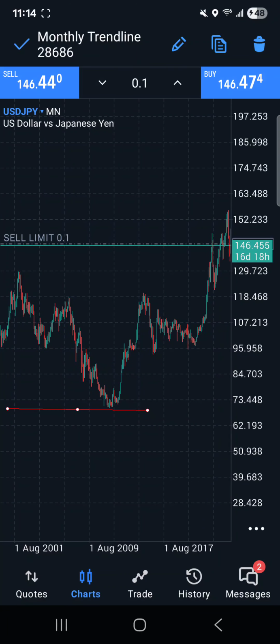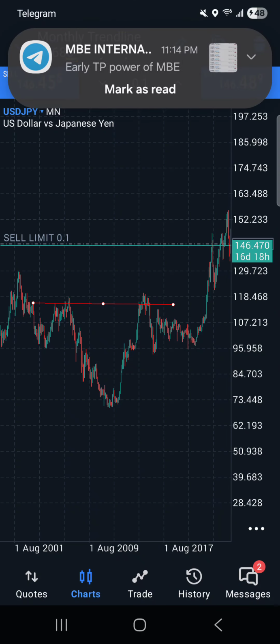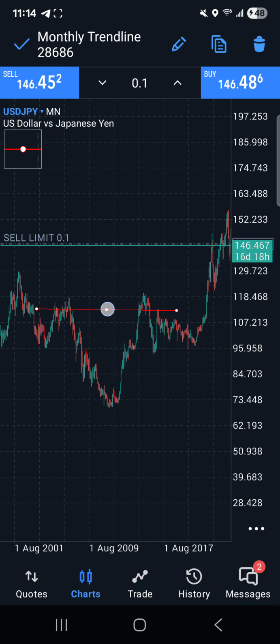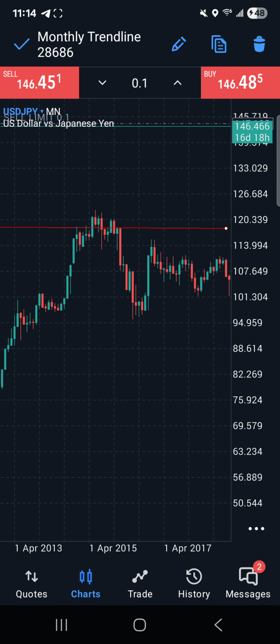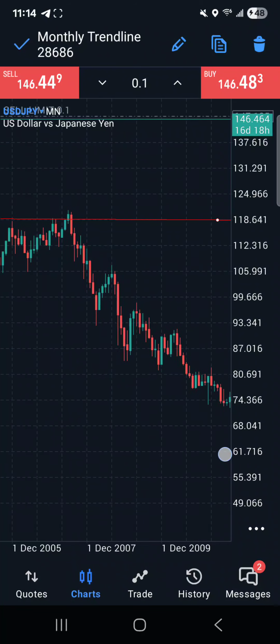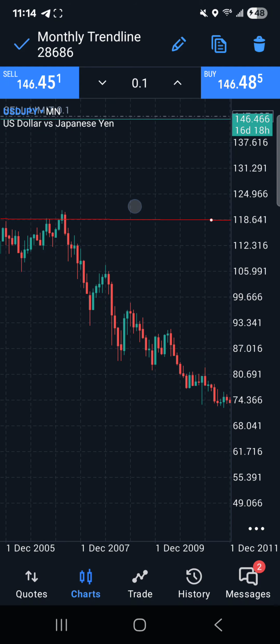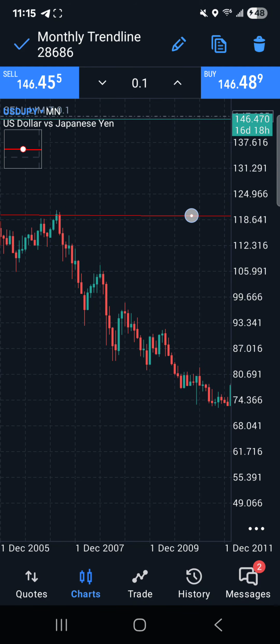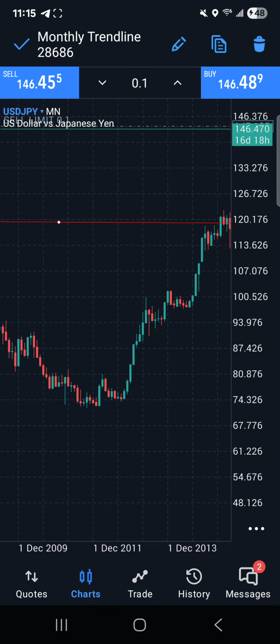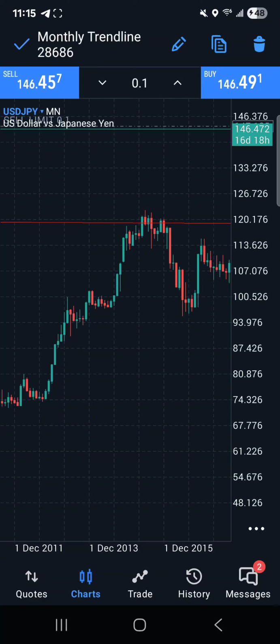So we move impulsively, and the moment we hit that area, price reacted. We closed above that area, with the body of the candle above it. So that to me is a break of structure.